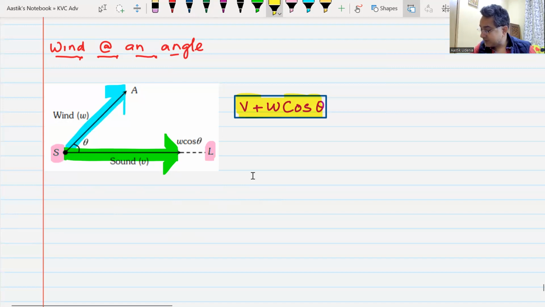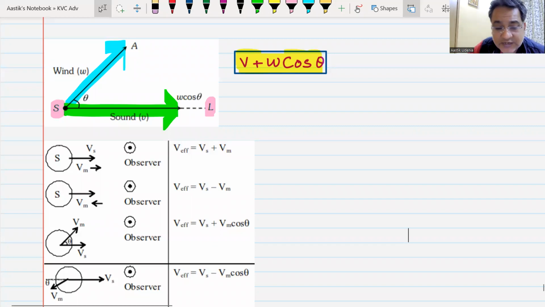I think I can get it here. So this is one table in which I have put all the situations of observer and sound and the different velocity of the medium or velocity of the wind.